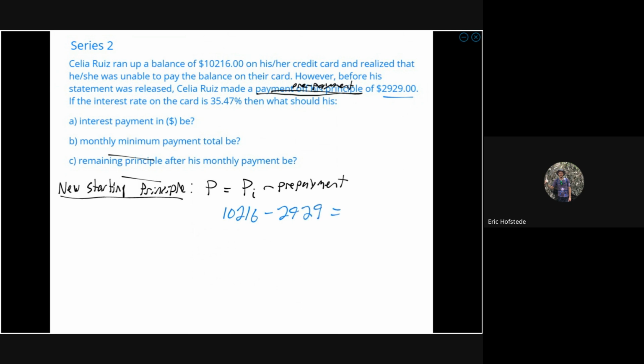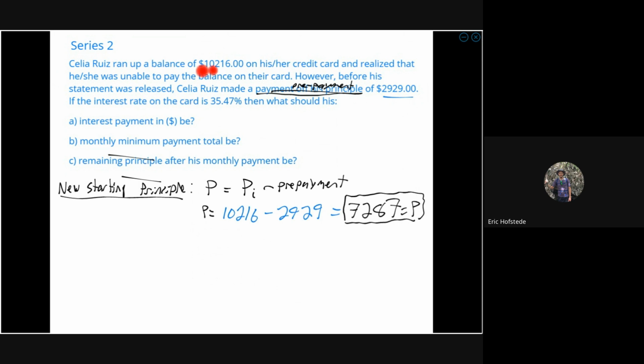That is now my new principal, which I'm going to throw in the calculator here. 10,216 minus 2,929 is a new principal of $7,287. Okay, that is the principal that I need for all of my questions.